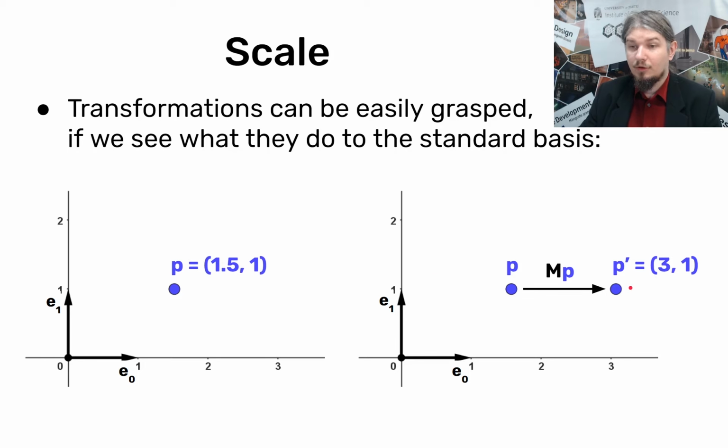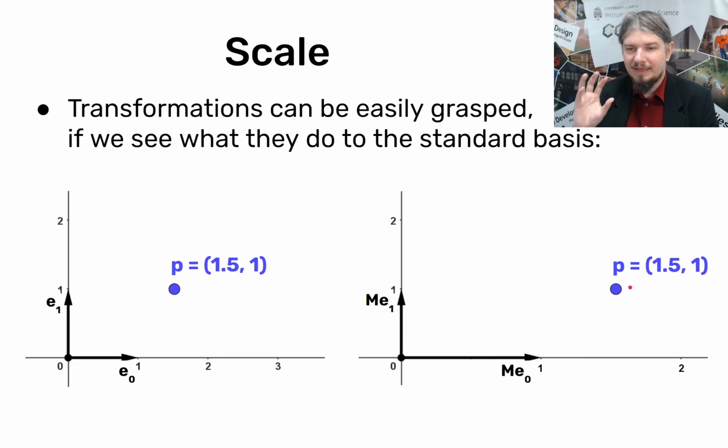And compared to this, another way of understanding is to see what it does to the basis vectors. So before, we have these basis vectors e0 and e1, and we could actually apply the matrix on those and see what happens. So e1 stays the same, but e0 becomes 2 times larger.